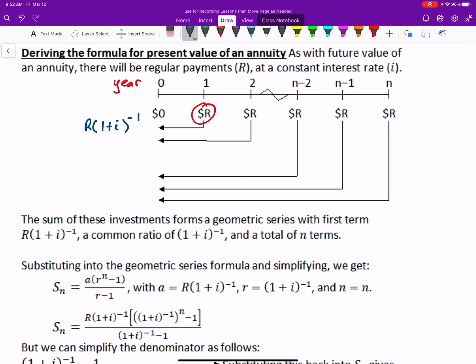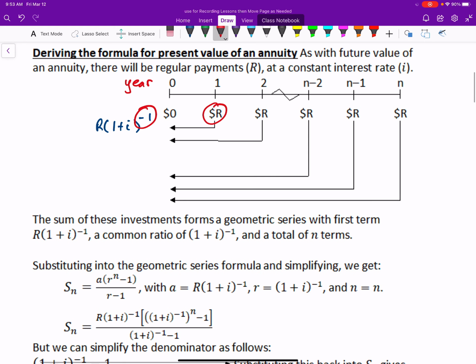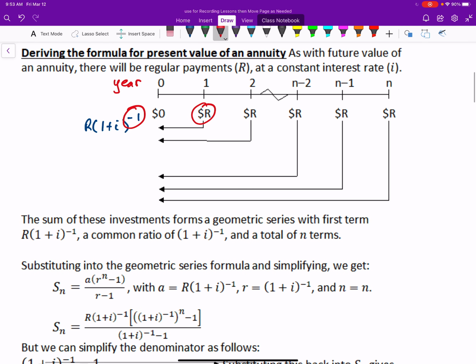Let's pretend that R is $100. I don't need to put $100 in now. I need to put in a little bit less so that it'll grow to $100 in 1 year. So that would give me 100 times (1 plus i) to the negative 1. i depends on what the interest rate is. But that negative 1 is the key, because that's going to give me an amount less than what I started with, $100 or whatever.